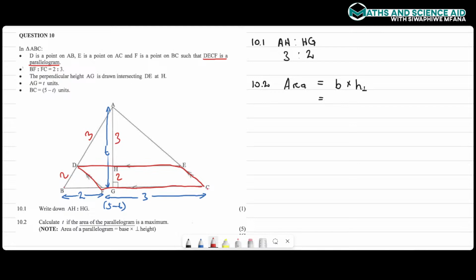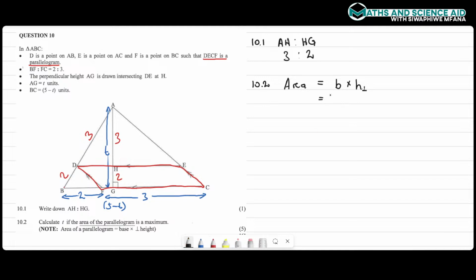So we need to find a way to work out what the length of that side FC is going to be equal to. Well, we are going to use this because remember, BC is equal to 5 minus T. But we know the ratio between BF to FC. That's what we are going to use.